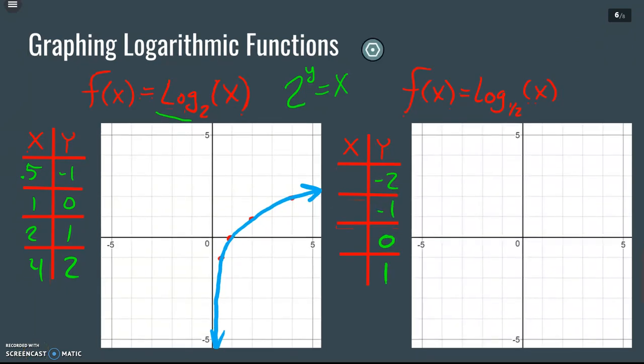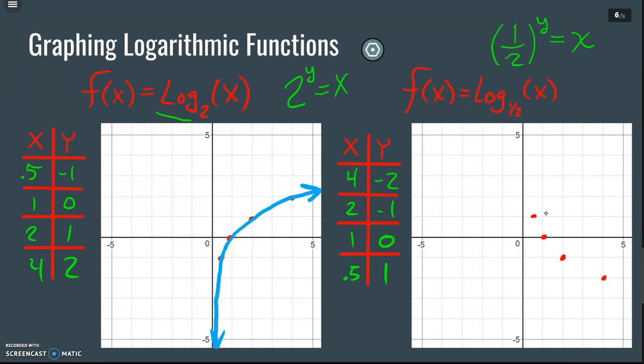So looking at this function on the right, we have a base of 1/2. So its inverse is similar to our earlier example. So if I take our y values from this table, put them into the equation, 4, 2, 1, and 1/2 become our x values, which gives us a slightly different look to our graph than before.